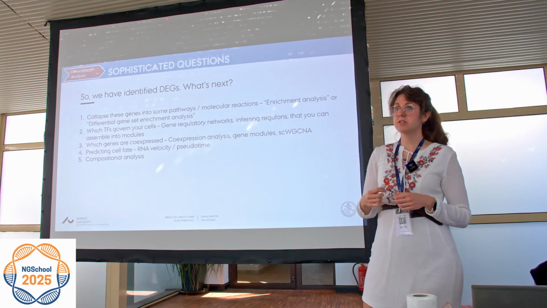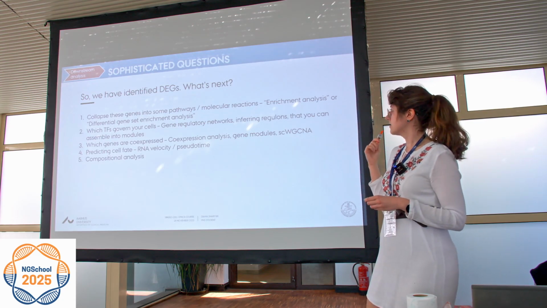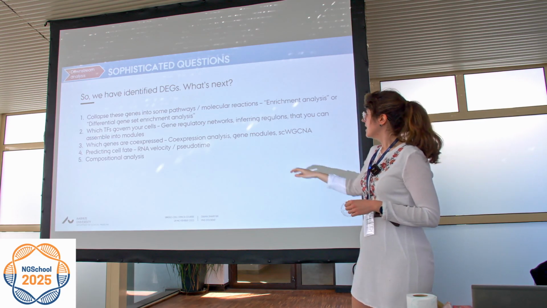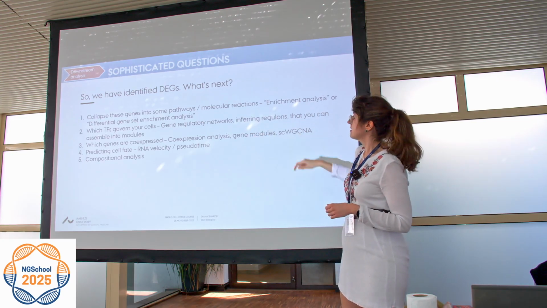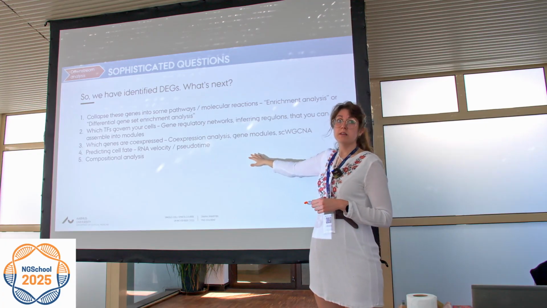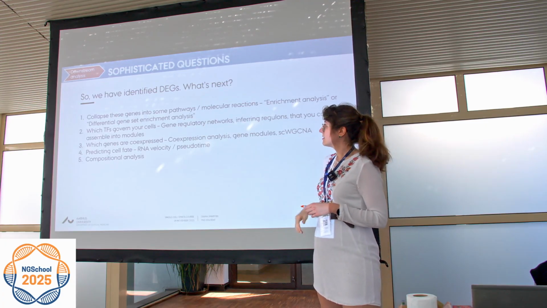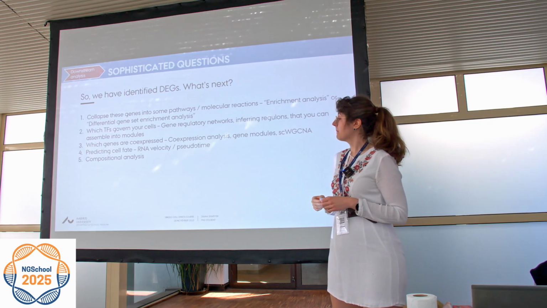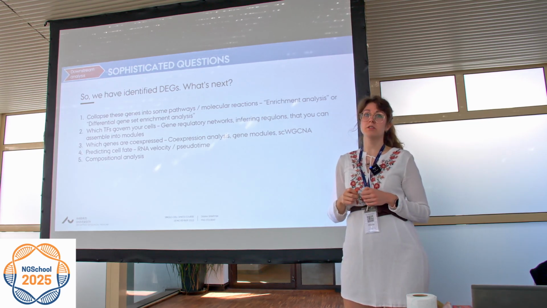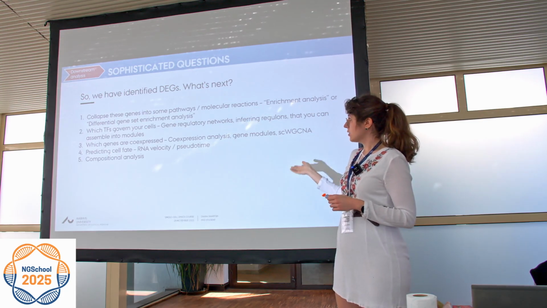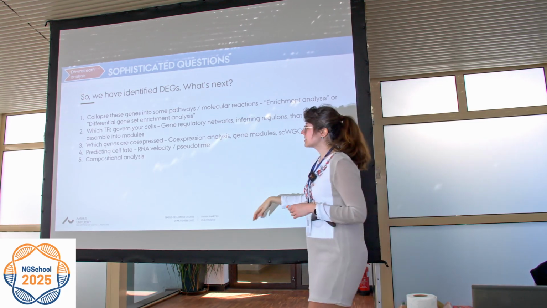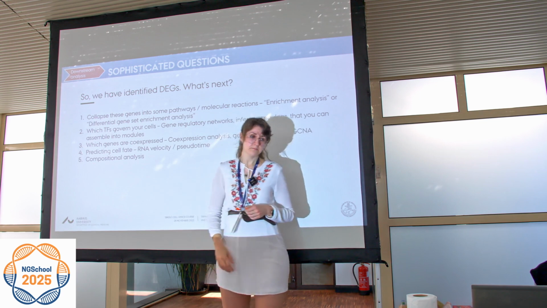There is an application specifically designed for single-cell RNA sequencing. Or you can just construct gene models. What you can also do is try to predict cell fate if you are working with differentiating or de-differentiating data: RNA velocity and pseudotime. And of course, compositional analysis.